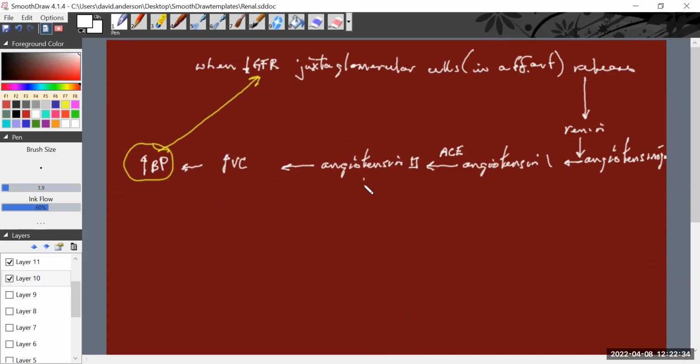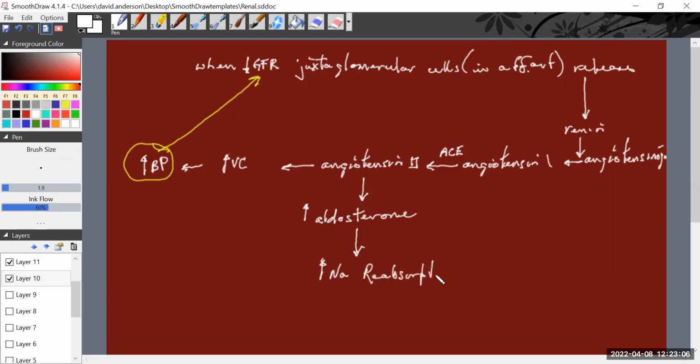So the other thing that angiotensin did was it targeted the adrenal cortex and promoted an increase in the production of a hormone that we're going to talk about in a minute when we look at endocrine factors. But we know generally that when aldosterone is released from the adrenal gland, it targets the kidneys to promote an increase in sodium reabsorption.